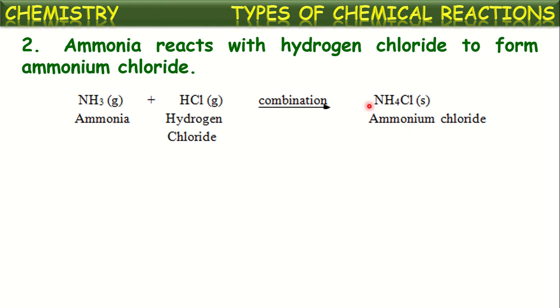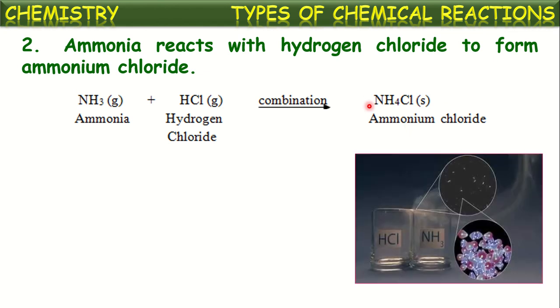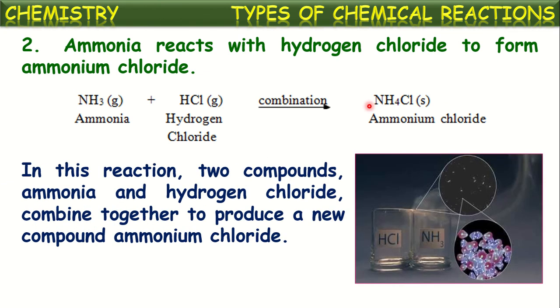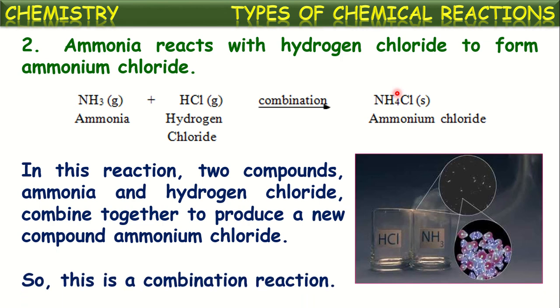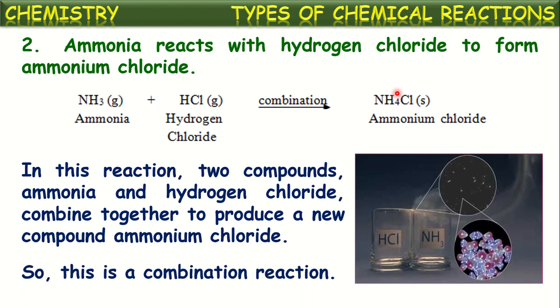This is a combination reaction. In this combination reaction, two compounds are combining, isn't it? Ammonia is a compound, hydrogen chloride is also a compound. So two compounds are combining together to form a new substance. So it is a combination reaction between two compounds.